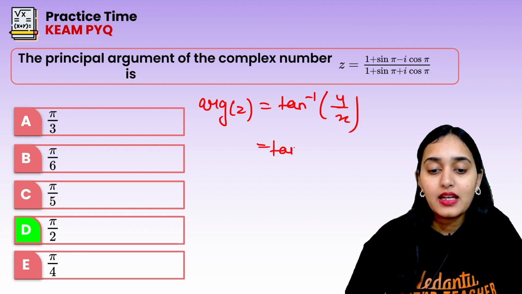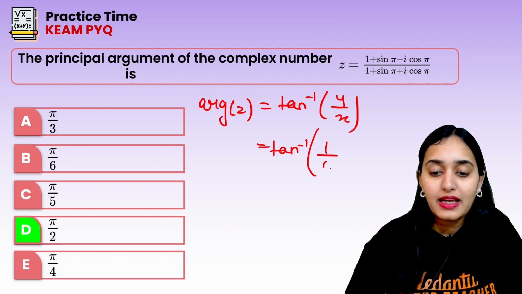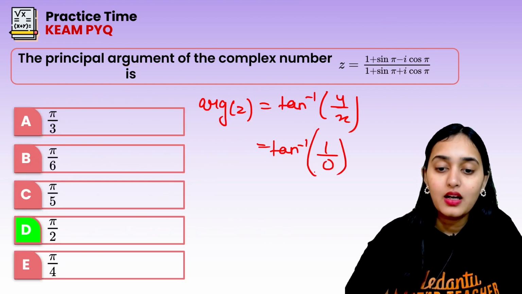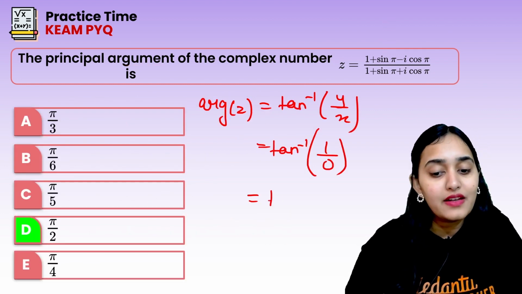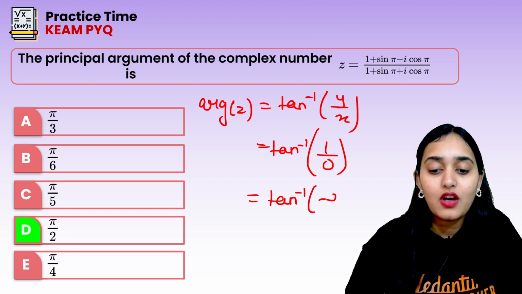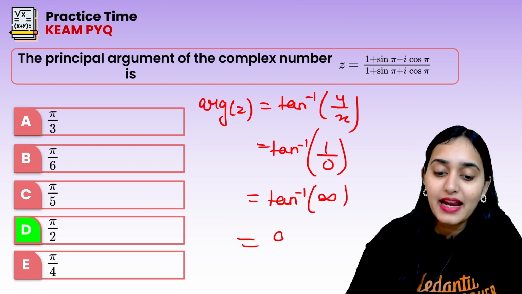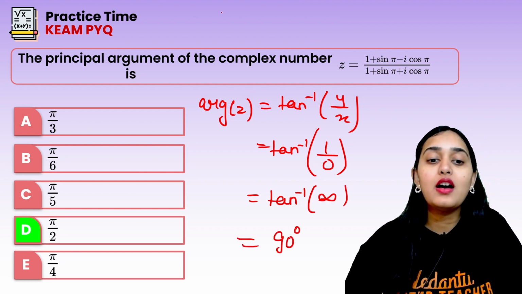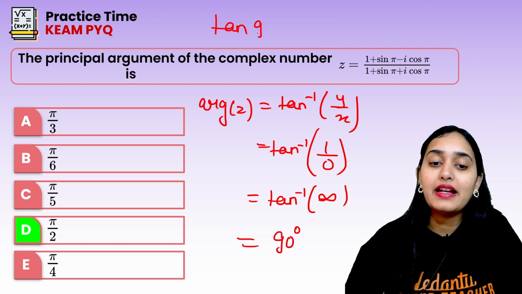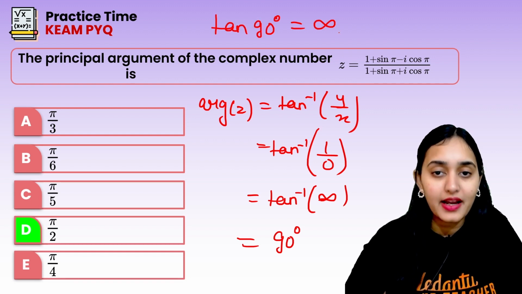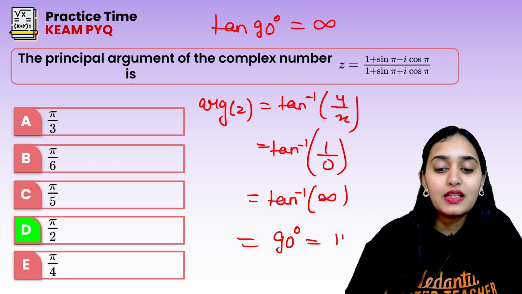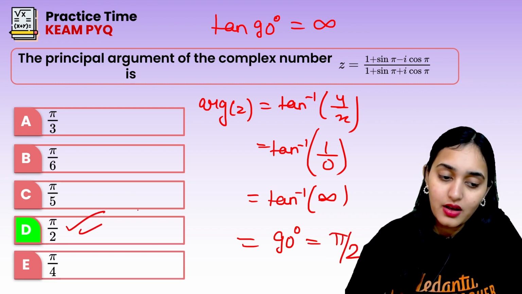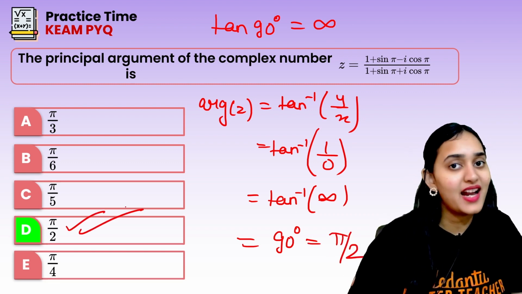So tan inverse of 1 by 0, right? Now what is 1 by 0? Infinity. So tan inverse of infinity is 90 degree, because tan 90 degree is undefined. Now 90 degrees is pi by 2. This is your answer. Understood?